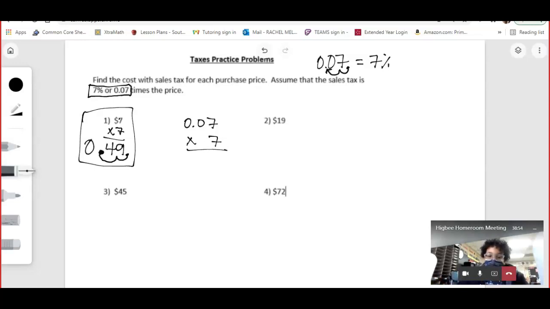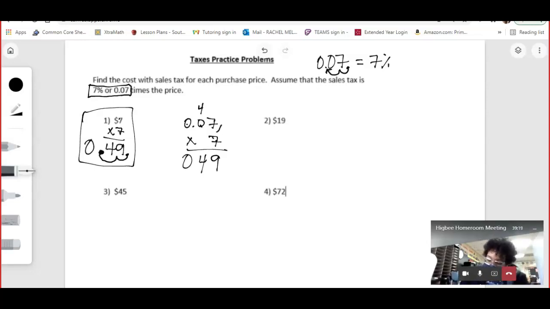Now let's see what happens over here with the decimal. Again, what is 7 times 7, everybody? 49. I put my 4 here. What's 7 times 0? 0 plus 4 is 4. And what's 7 times 0? 0.